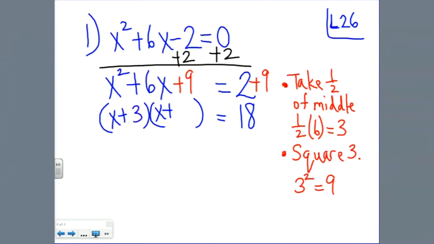So we have a 3 in both of the last 2 spots. Now, because we have a repeating binomial, we can write these 2 binomials as one big binomial with an exponent. And because we got 2 of them, we can write this with an exponent of 2.